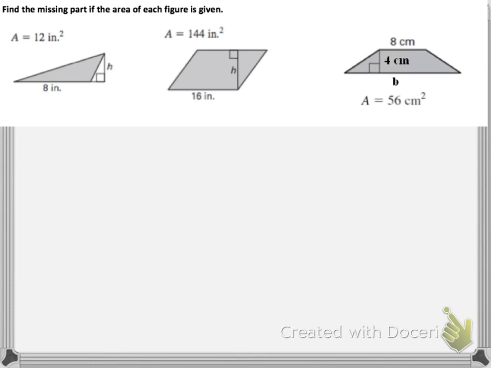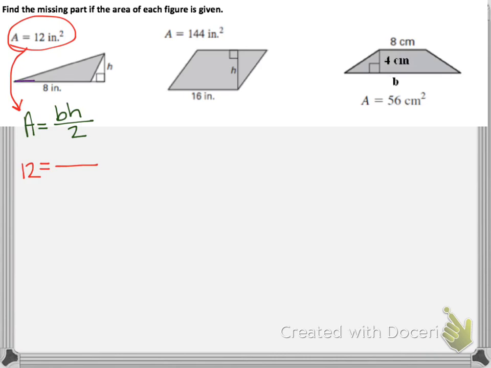Here we go. So now we're going to find out whatever the missing part is. So over here we have a triangle. So remember, our area of a triangle is going to be base times height divided by 2. So what we can do is we can plug in what we know. We know what our area is. That's 12 inches squared. So I'm going to put 12 in for my area, equals.